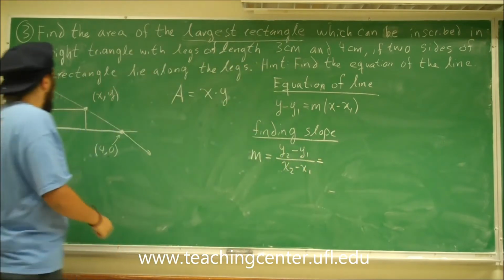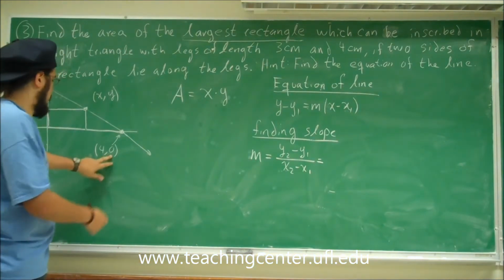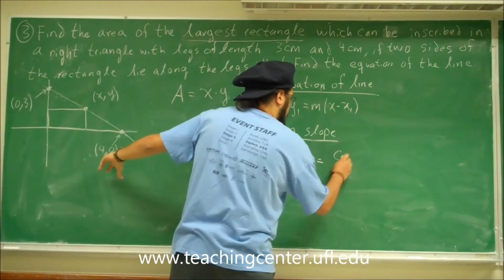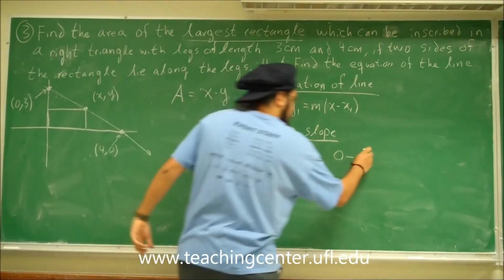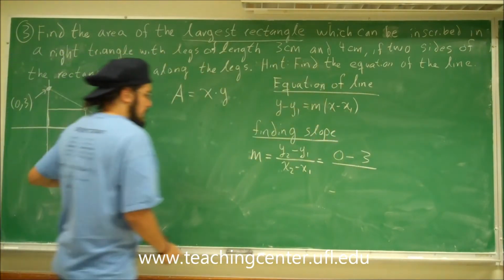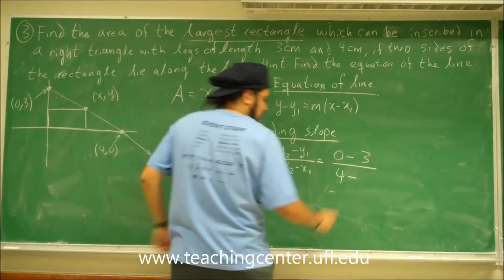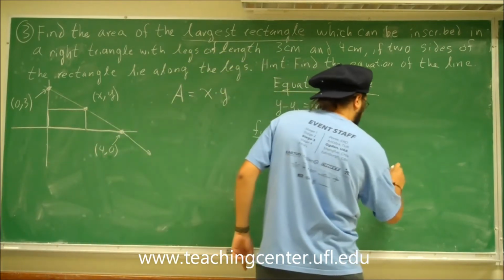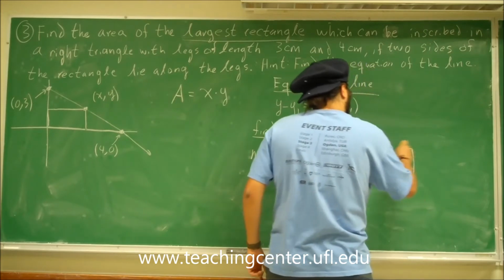Let's call this one y2, so 0 here, minus y1, that's going to be 3, and x2 is 4, minus x1, which is 0. Therefore, the slope then is minus 3/4.